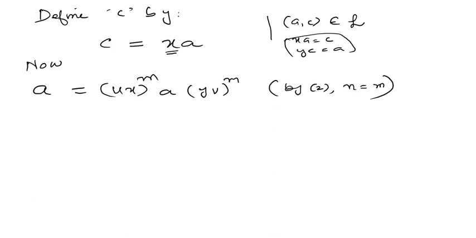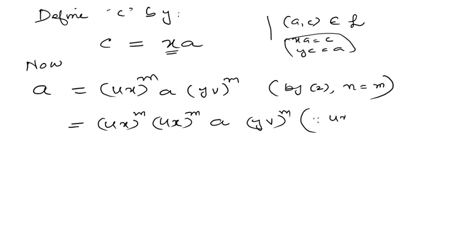This ux power m is an idempotent, so we can write this as ux power m, then a yv power m, because ux power m is an idempotent.